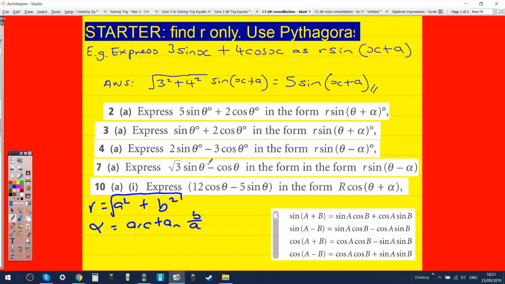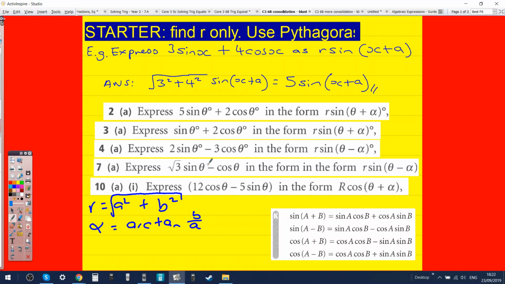Okay, go on. And then the next is the arctan of minus 3 over 2. And that gets you minus 56.3. That's interesting. And so what is that in the form of R sine theta minus alpha?